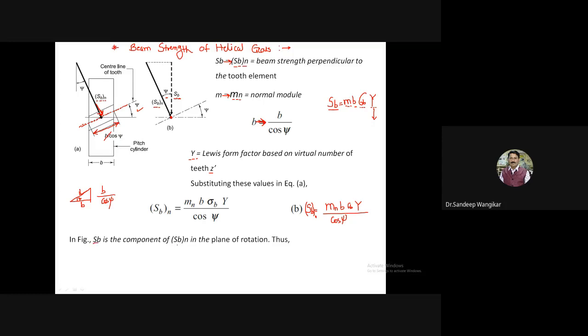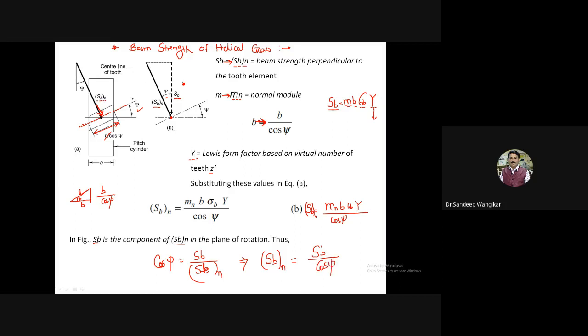If I refer to this triangle, I am highlighting, then I can say cos of psi is equal to the adjacent side SB divided by the hypotenuse SBN. Therefore, SBN is equal to SB divided by cos of psi.